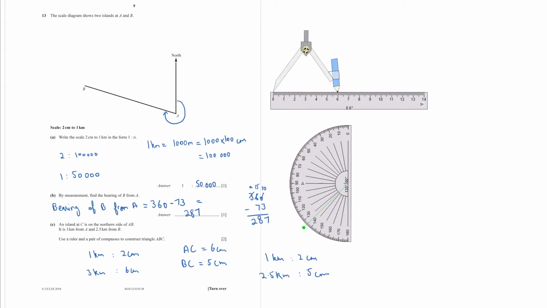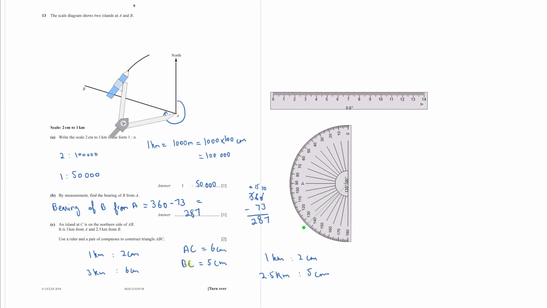I will place it at the center A here, and then I will draw an arc north of AB. So this arc is 6 centimeters away from A. So let's draw this arc here.